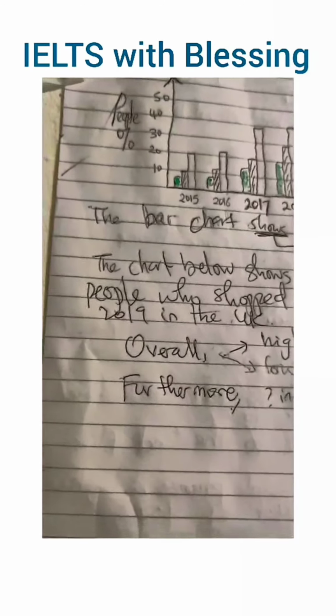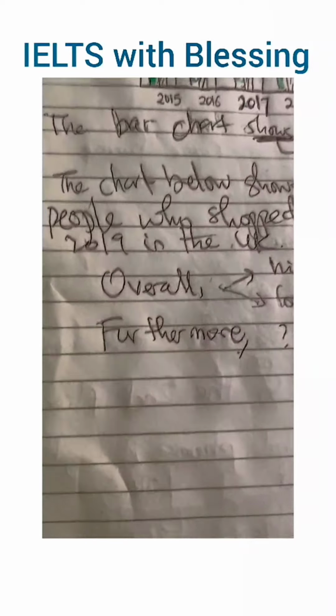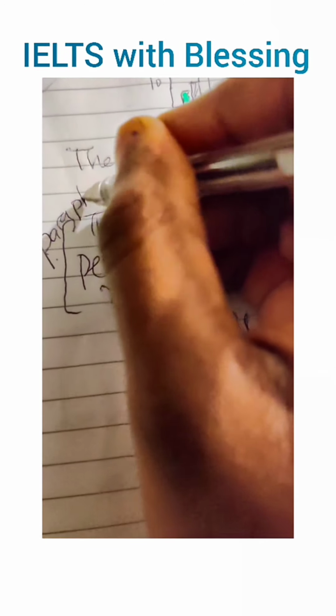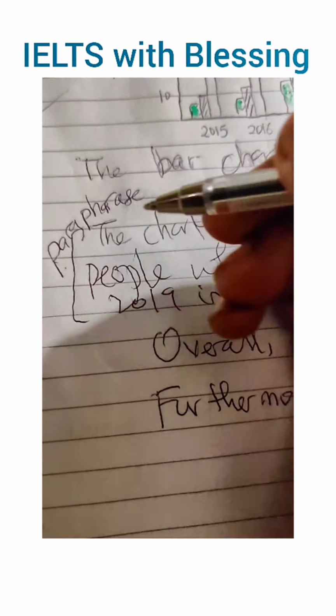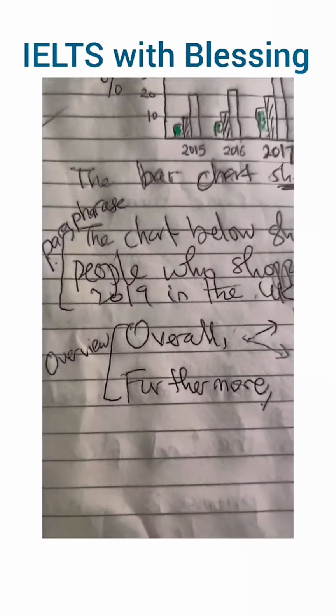So let's go to paragraph 2. Your paragraph 1 will be to paraphrase the question. Your paragraph 2 will be an overview. So you have your overall and your furthermore.